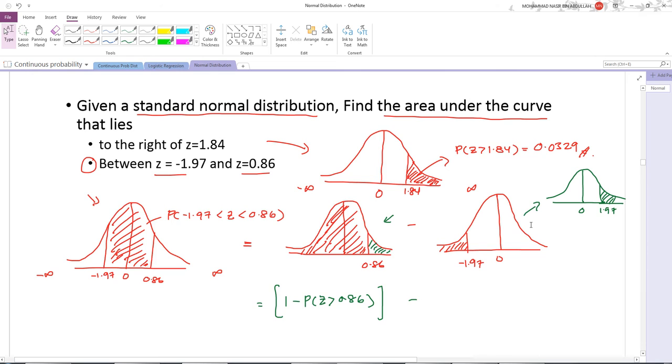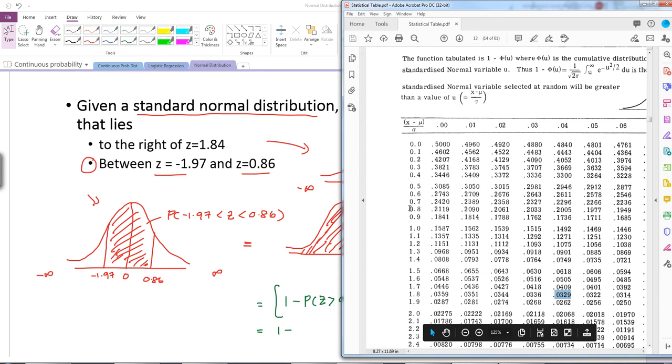So if you want to use the statistical table, we need the probability of z more than 1.97. So, 1 minus the probability of z more than 0.86. Where is 6? Here. So 0.1949.